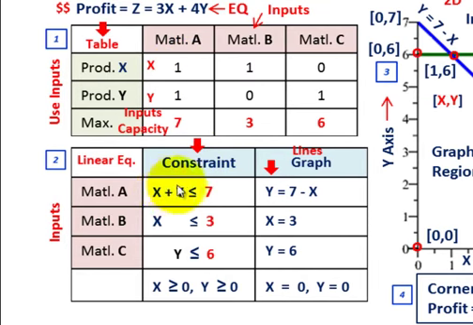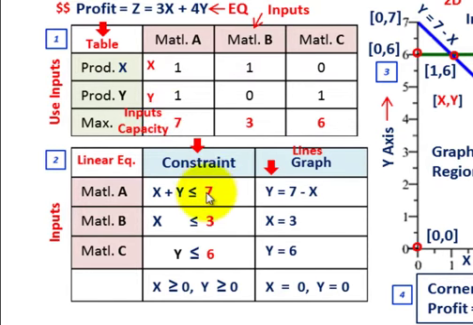For material A, 1 unit of X plus 1 unit of Y has to be less than or equal to the capacity for material A, which is 7.